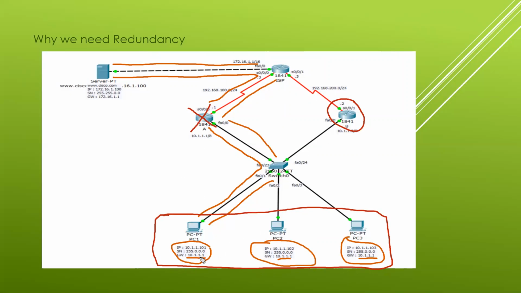Since these users are bound to this gateway, after the link fails these computers still try to send the data to this router, but the router is down, so the data is getting choked and just comes back. To solve this issue, there is a possibility that we can do.